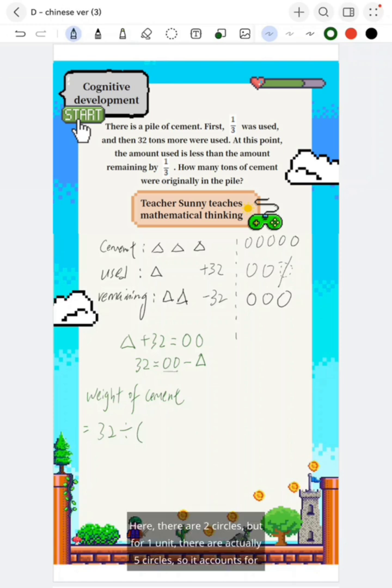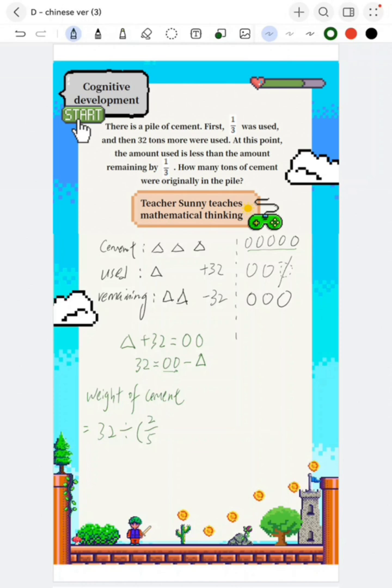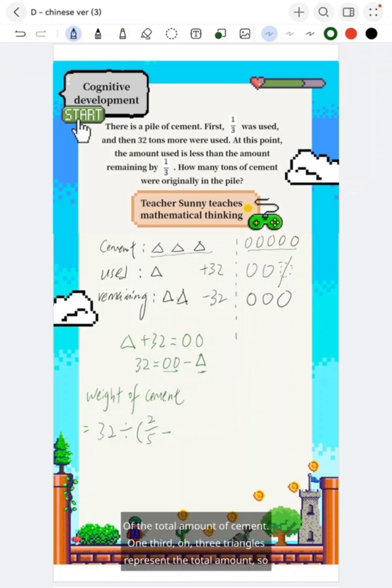Here, there are clearly 2 distinct circles, but for 1 complete unit, there are actually 5 individual circles, so it accounts for 2/5 of the entire unit. Then subtract 1 triangle. It's up here. Of the total amount of cement. 1/3, 3 triangles represent the total amount, so among the 3 triangles, it takes up 1 triangle, so 1/3.